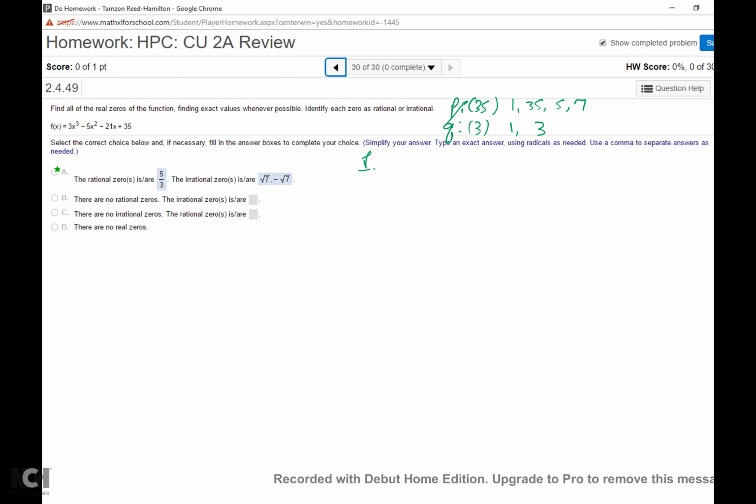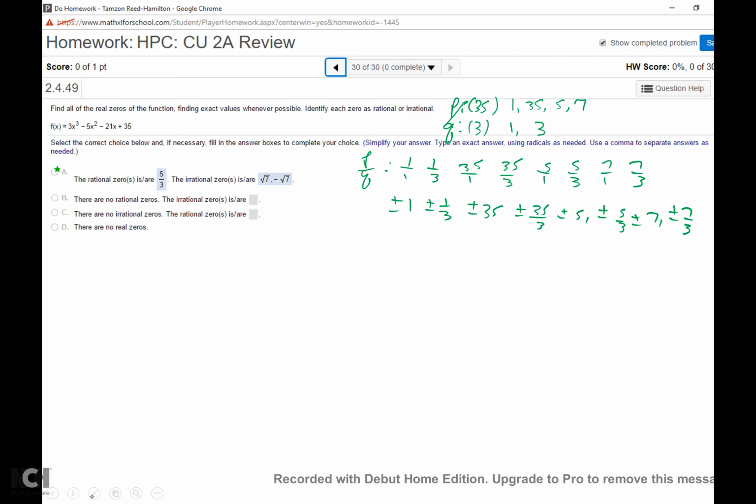So all my possibilities are 1 over 1, 1 over 3, 35 over 1, 35 over 3, 5 over 1, 5 over 3, 7 over 1, 7 over 3. So plus or minus 1, plus or minus 1/3, plus or minus 35, plus or minus 35 thirds, plus or minus 5, plus or minus 5 thirds, plus or minus 7, plus or minus 7 thirds.